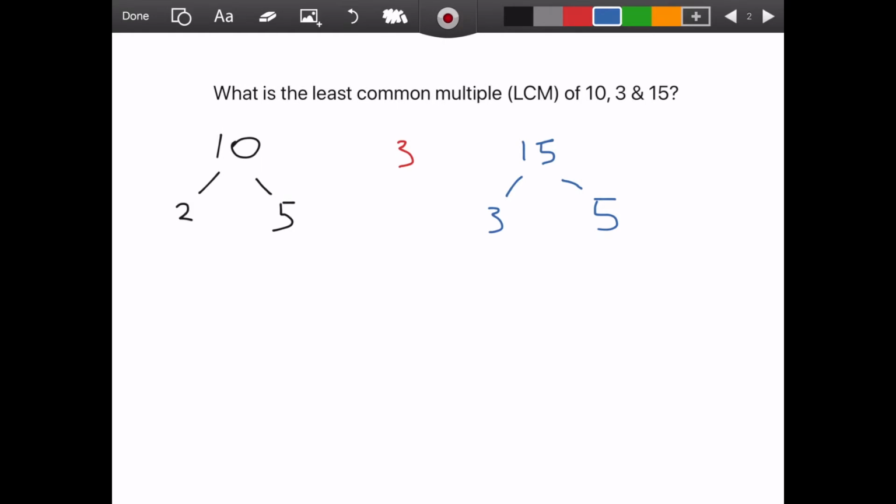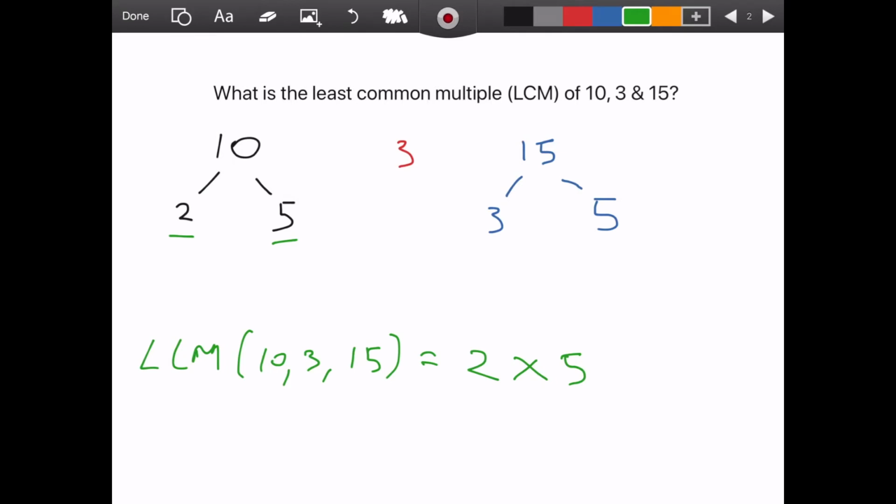So let's write down the answer immediately using green. The LCM of 10, 3, and 15 is equal to, okay, we want a 2 over there, right? And we also want a 5 inside. In this way, if we have 2 and 5, then 10 is divisible into the answer, right? And we also want to have 3, right?